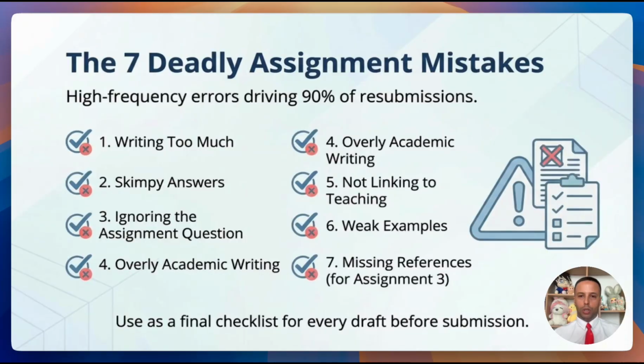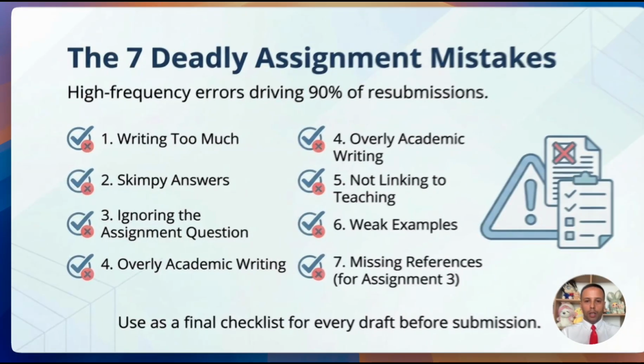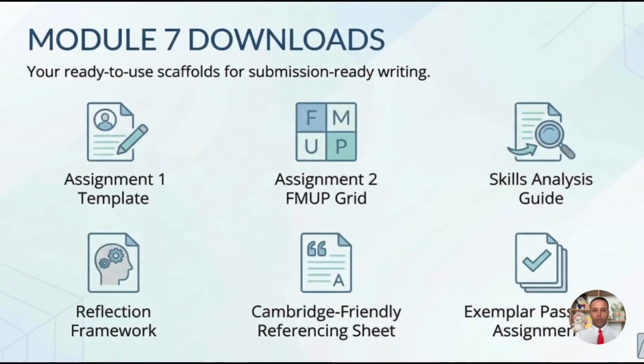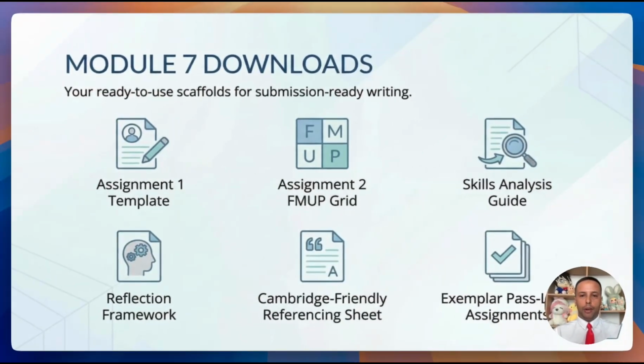So here are the tools you will use. You have access to 6 downloadable resources. A ready-to-use scaffold for submission: assignment 1 template, a structured format for the learner profile, sections mapped out, prompts included. Assignment 2 FMUP grid, a grid format for language analysis, keeps your FMUP organized and clear.